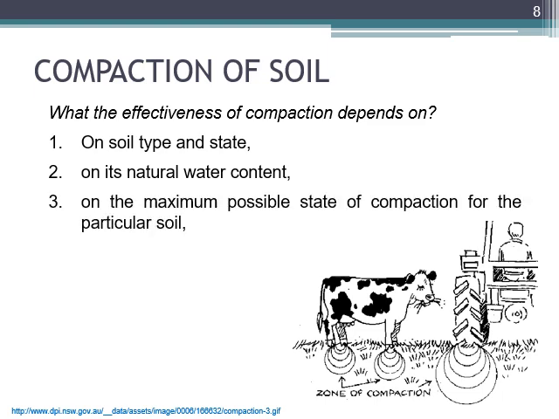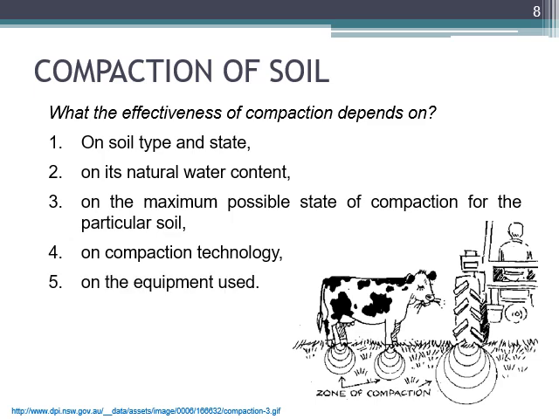As I mentioned before, the effectiveness depends, of course, on the maximum and minimum state of compaction, because if your soil is already quite well compacted, then you cannot increase its density much more, right? It depends, of course, also on the compaction technology and on the equipment used.